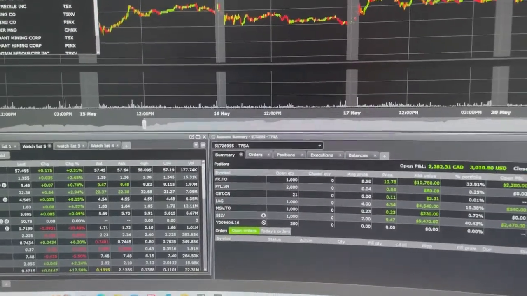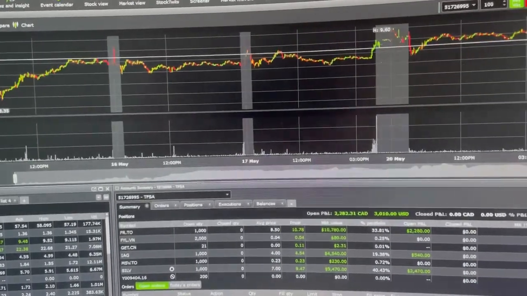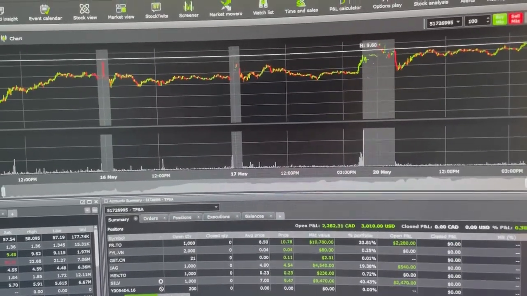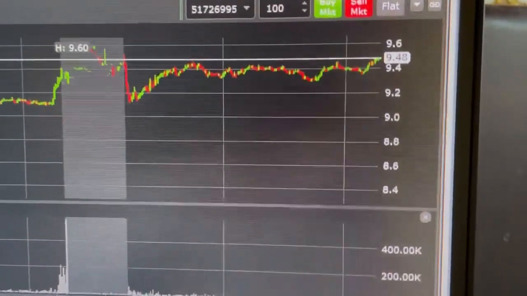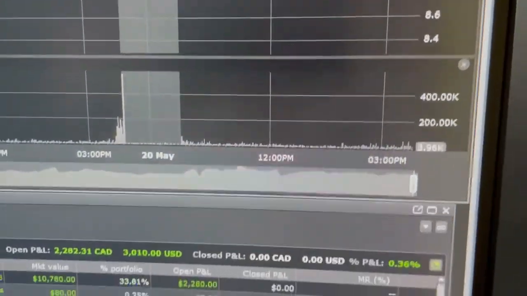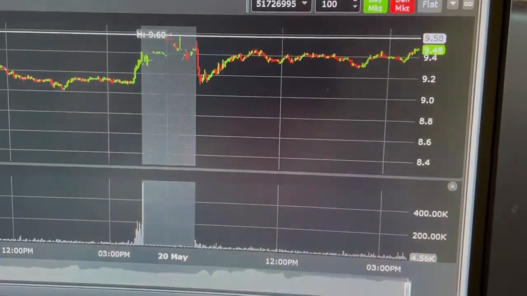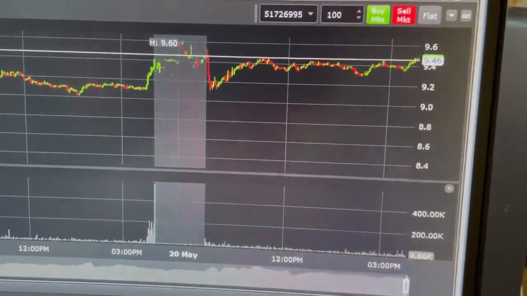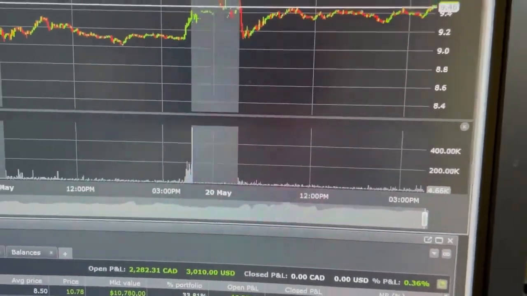Okay, I'm looking at Silvercrest Metals right now. It opened at around $9.48. You see that there? Then it dropped down to $9.14, and then it went all the way back up to around $9.48. Right now it's around $9.48.